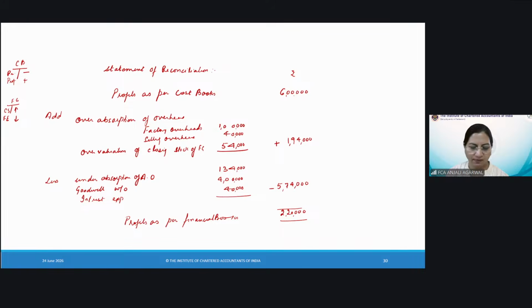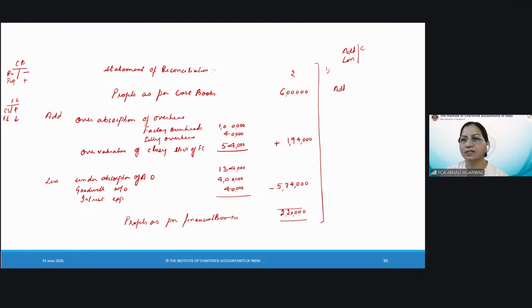Now, I'll just speak about two more things here. Number one, if you forget whether it is to be added or subtracted, particularly for stocks, remember one simple line. In dictionary, if you look at the words add or less, what comes first? Add.